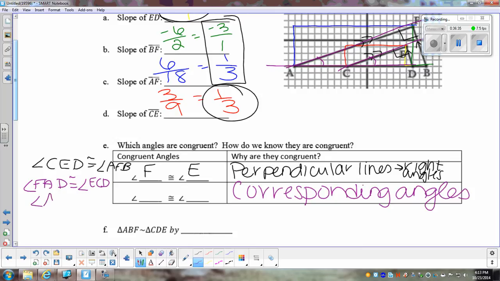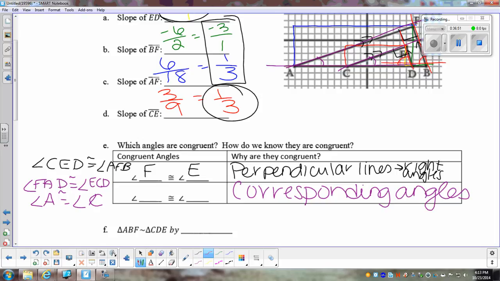I also could call this angle A is congruent to angle C. Again, using the parallel lines, I also know that FB is parallel to ED, so I have some more corresponding angles.